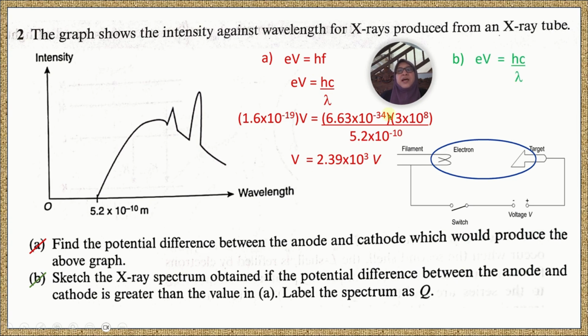For the V higher, from the equation here, eV equals hc over lambda, the wavelength. h is a constant, c is constant, and electron charge is also constant. Now we can see from this relationship between V and the wavelength that when we increase V, the wavelength decreases.